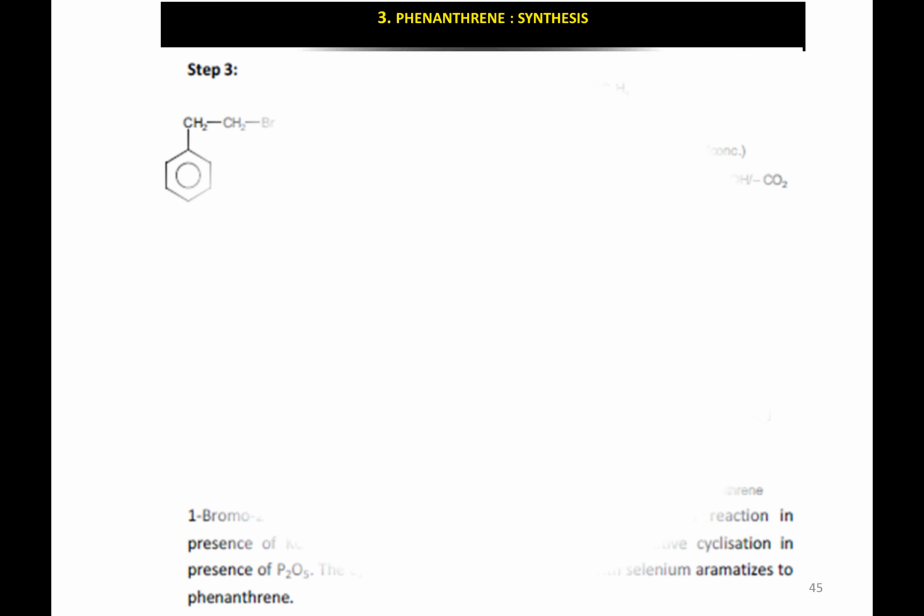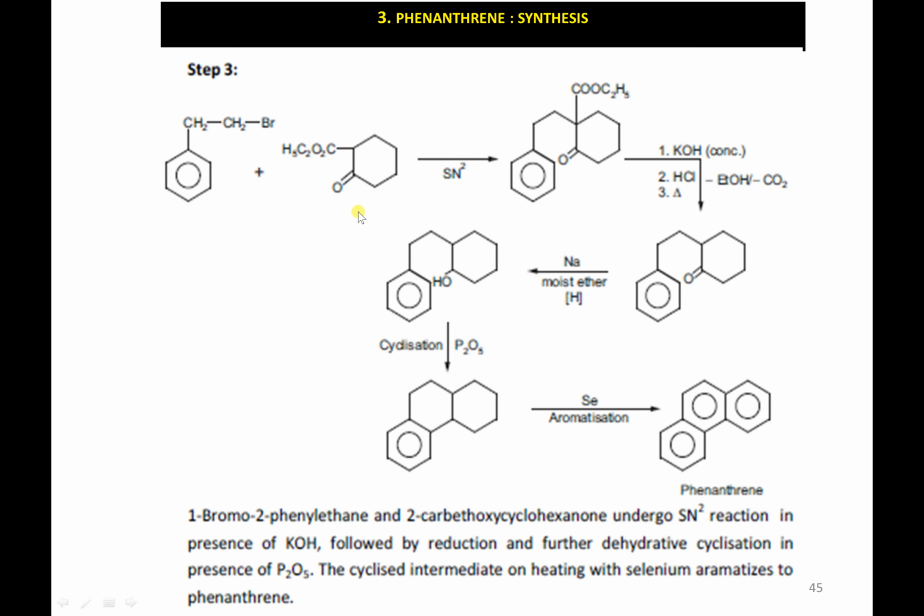Now the third step is, of course, to condense these two, and we can see here this is quite an electropositive center, a good center for nucleophilic attack. So there is a nucleophilic attack here, and so this adds here phenyl CH2 CH2 CH2, it adds here, so this adduct is formed.